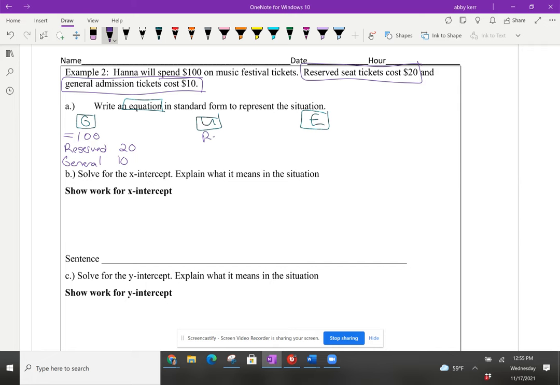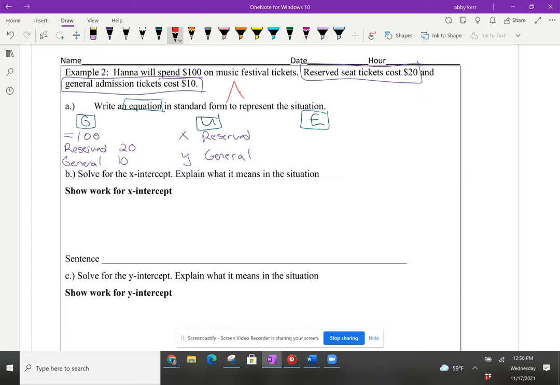We don't know how many reserved tickets she bought, and we don't know how many general tickets she bought. The rule of thumb is usually to use X and Y. I personally, if I see reserved first, I'm going to call that X. Since I saw general second, I'm going to call that Y.